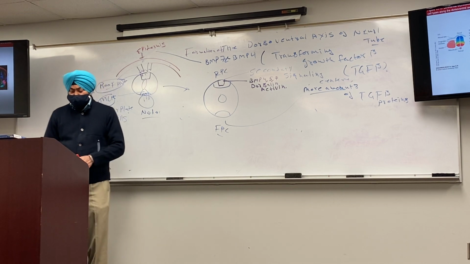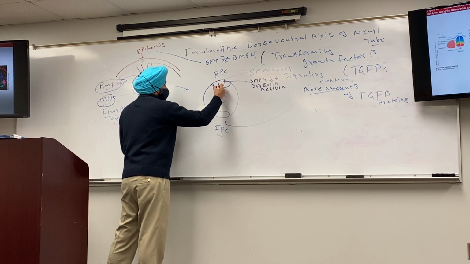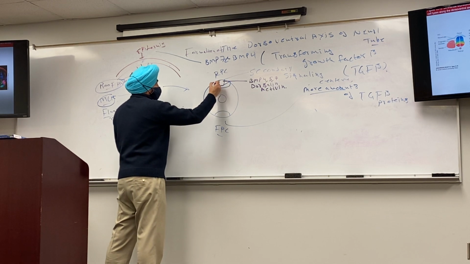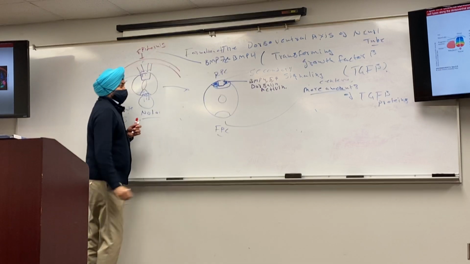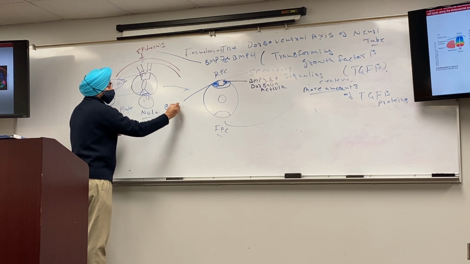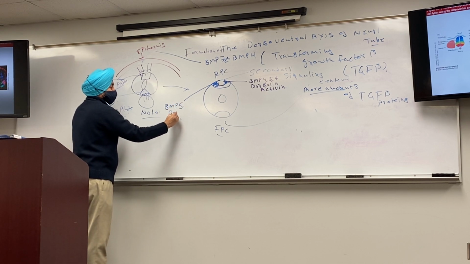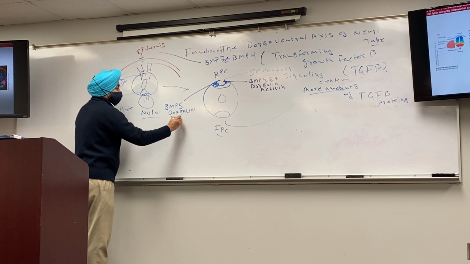And then there are the cells next to it, in this area, which is all blue here. These cells start secreting BMP5, dorsalin, and activin.